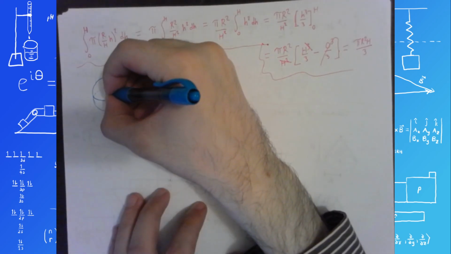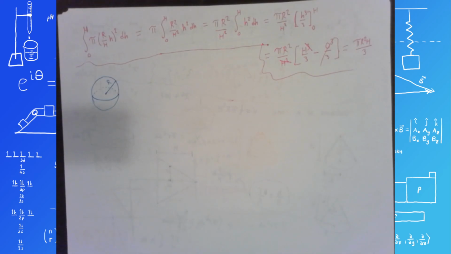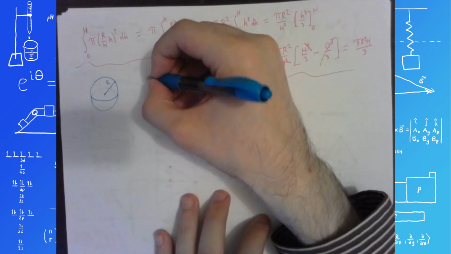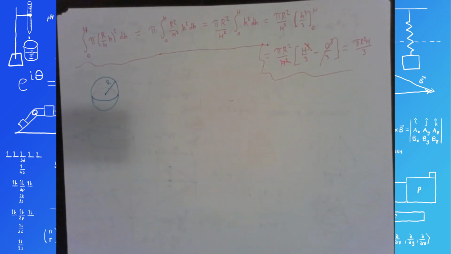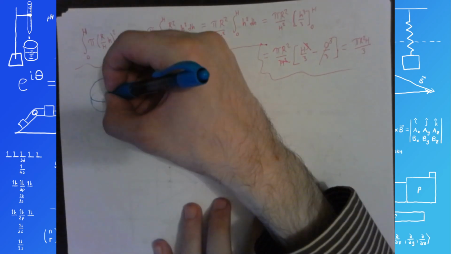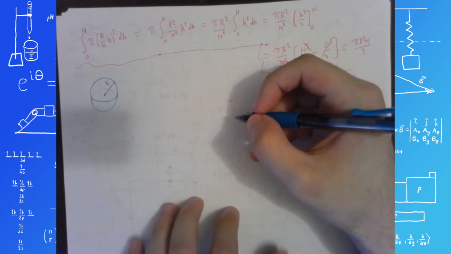And let's say this sphere has a total radius of big R. And let's say that the mass of this sphere is not distributed evenly. What if we had a sphere where it had no mass at the center and its outer shell was the densest part of it? So it's the least dense at its center, and it gets heavier and heavier as you go outward.